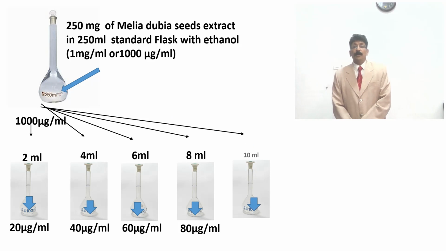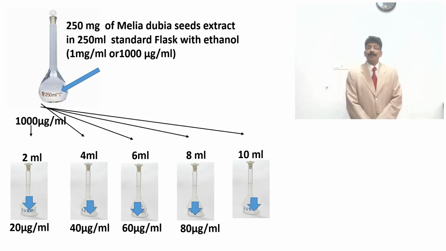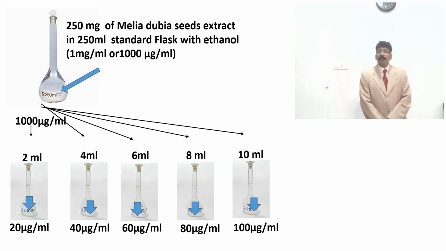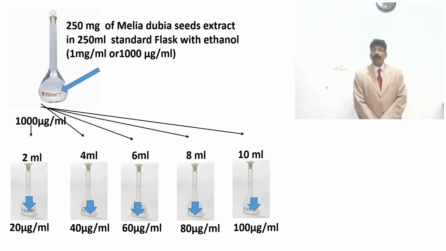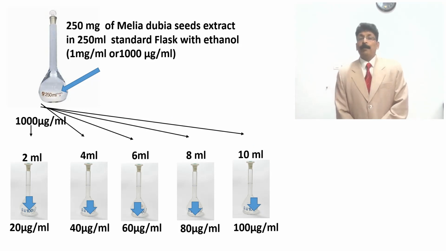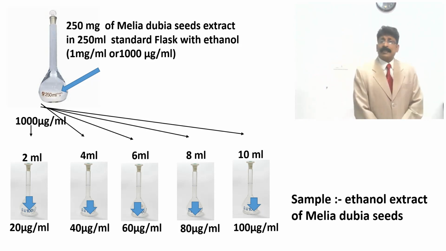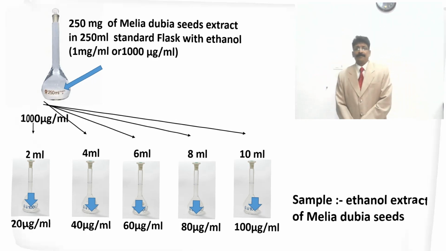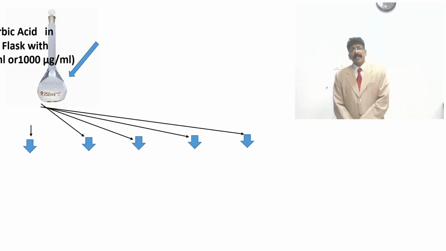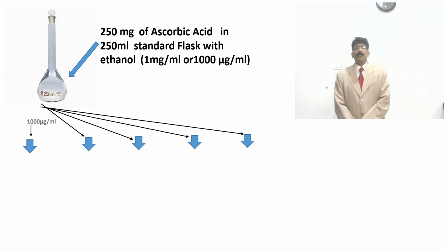And you take 10 ml from the stock solution and make up the volume with ethanol, you get 100 microgram per ml concentration. So this is the sample which you have prepared by means of ethanolic extract of Melia dubia seeds. And for the next one, the standard, we also have to use these dilutions properly.